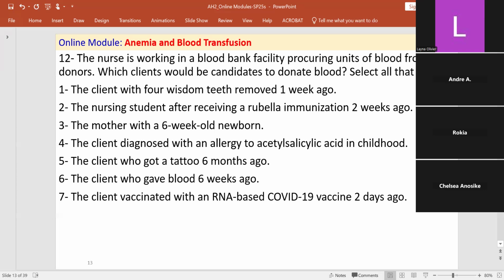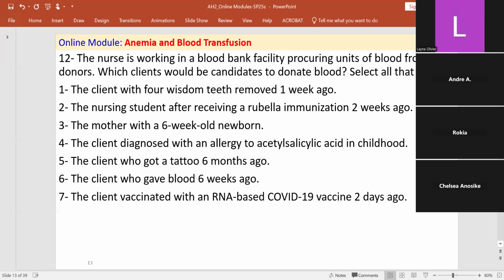What about 5? Tattoo 6 months ago? The client with a tattoo must wait 3 months, not 6 months. So 3 months to donate blood if the state where the tattoo was applied is not regulated. Some states like Georgia and Maryland and others are different, but let's just stick with the 3 months.